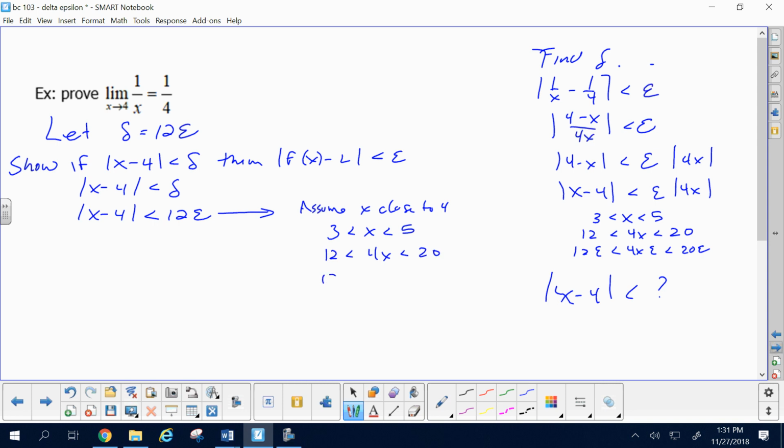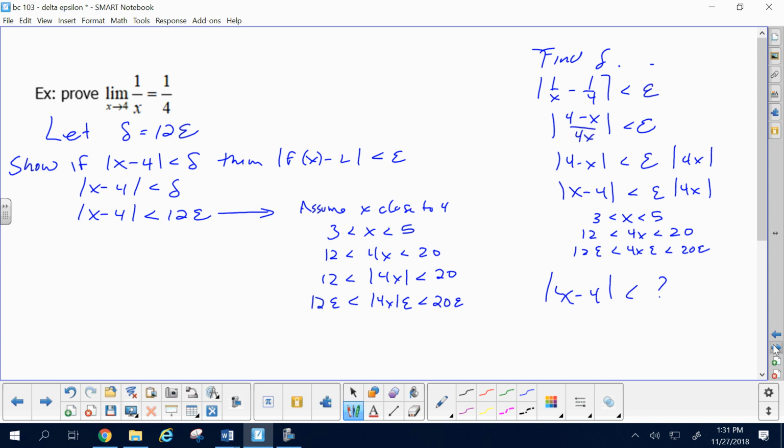Now I am going to show an absolute value being slapped on there, which I can do because if it's between 12 and 20, obviously it's positive, and absolute value is positive, so it isn't changing anything. And then multiplying by epsilon is multiplying by a non-zero quantity, so that is also allowed, and it's not negative, so no worries.